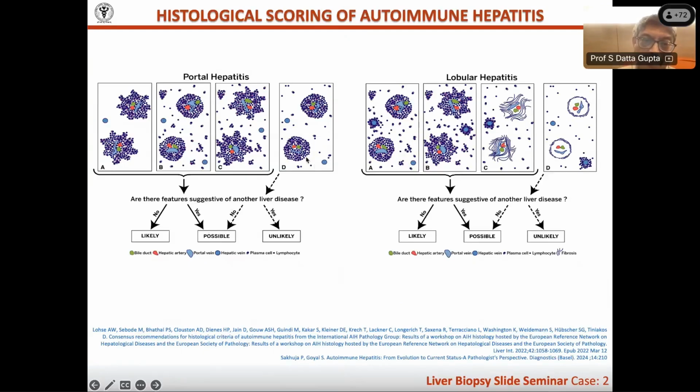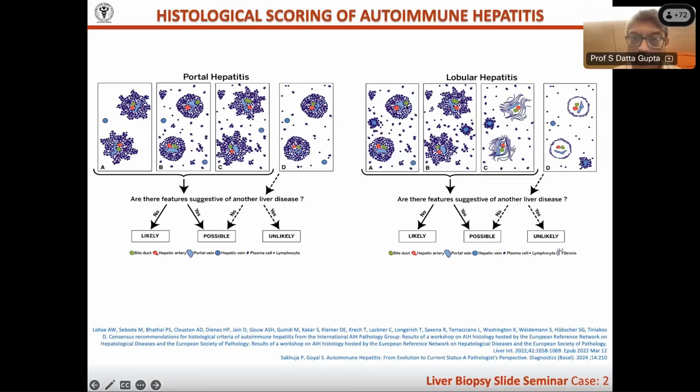If there is portal inflammation alone without interface hepatitis, but there is some lobular inflammation, and there is no other reason, it can still be a possible autoimmune hepatitis. If you want to be sure, usually there is a lot of interface hepatitis, portal inflammation with plasma cells and lobular inflammation in a clinical setting.